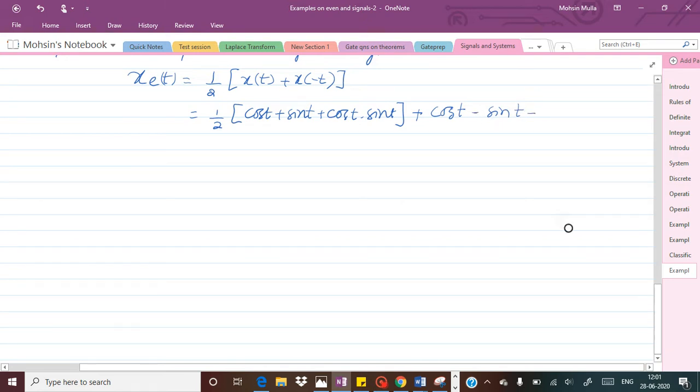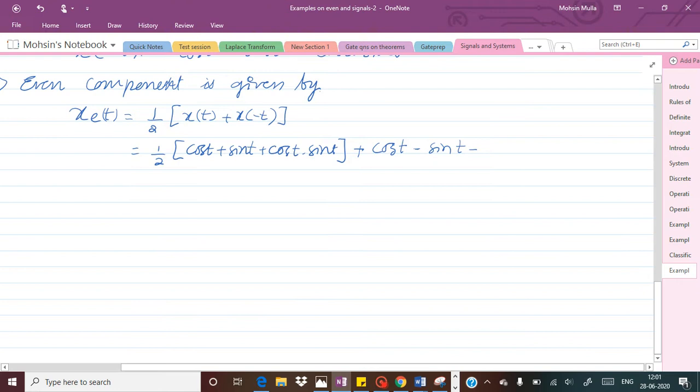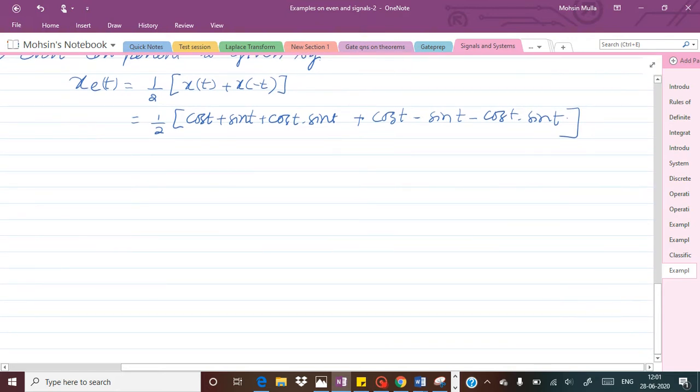Here it is minus sin t minus cos t into sin t. Now let us see which terms will remain and which terms will get cancelled. Here sin t and minus sin t will get cancelled, plus cos t sin t minus cos t sin t will get cancelled. So what we get is 1 divided by 2 times, cos t plus cos t is 2 cos t.